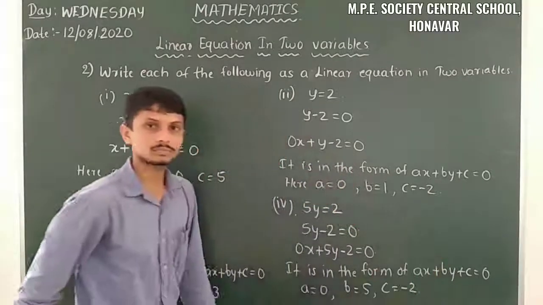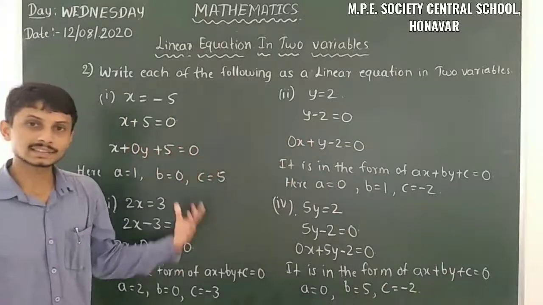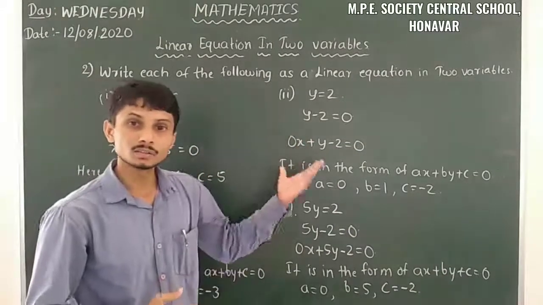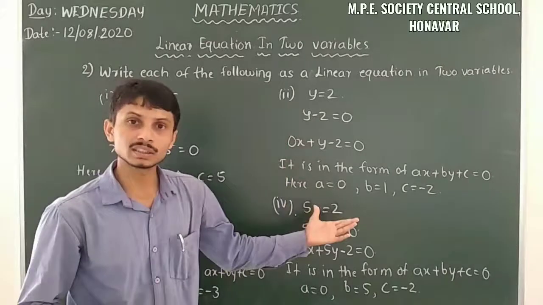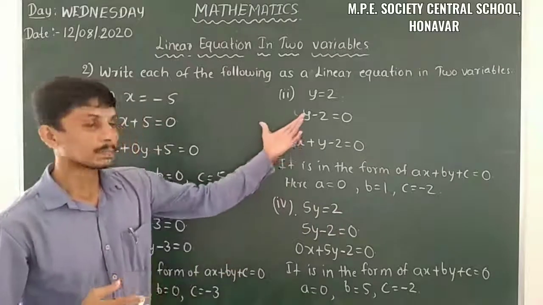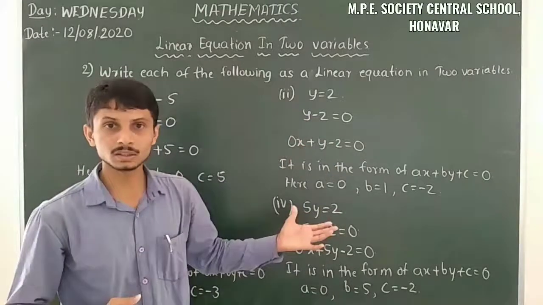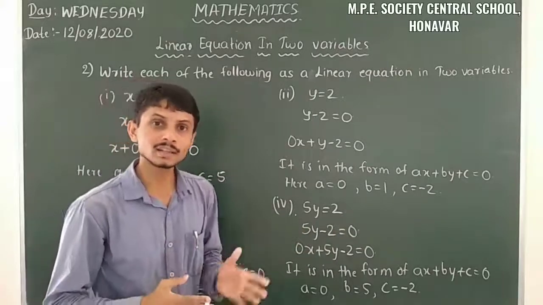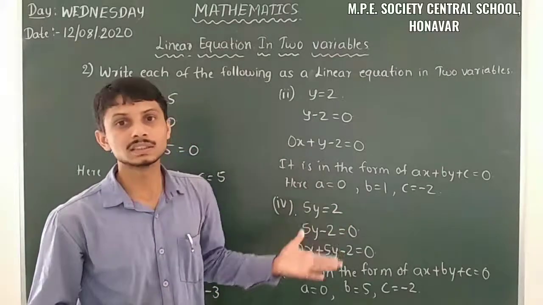So from this example it is clear that we have to convert those equations in the form of a linear equation in two variables. So where the coefficient of x or the coefficient of y is 0, we have to take that coefficient as 0 also.